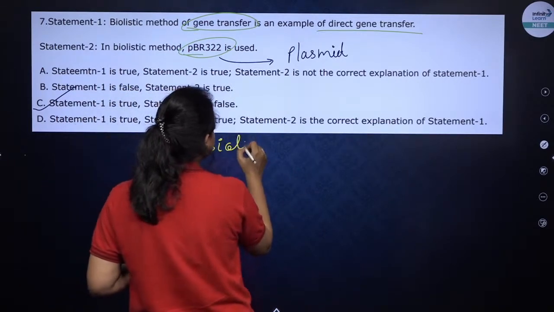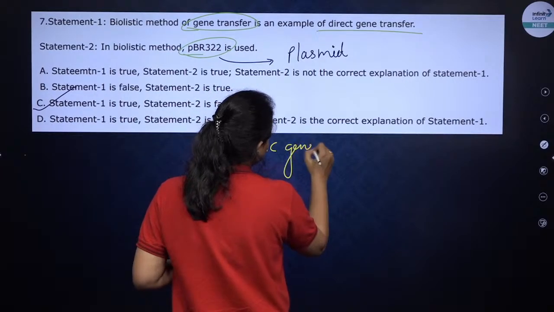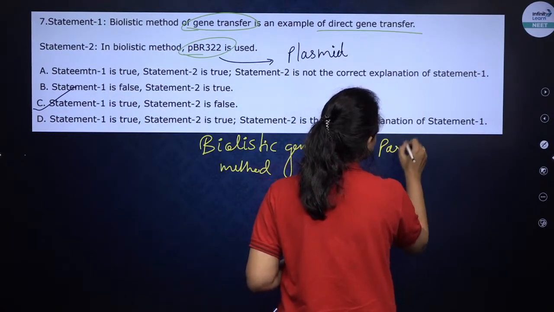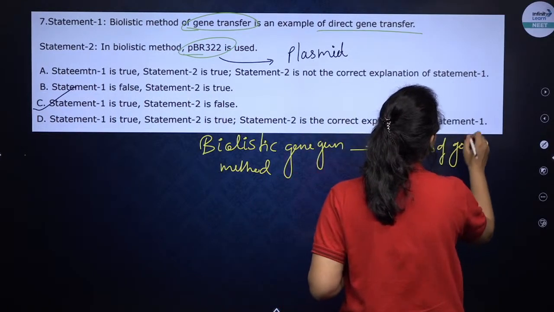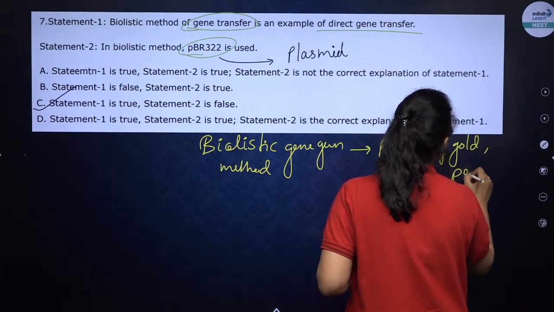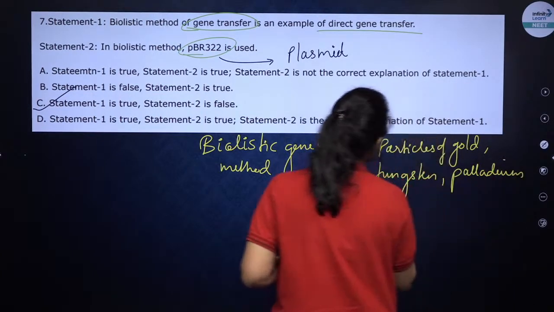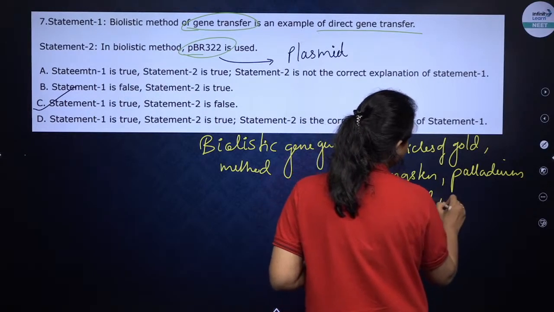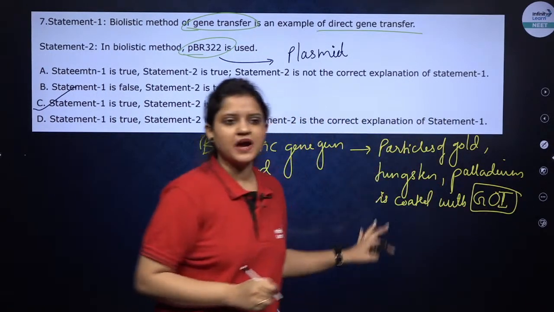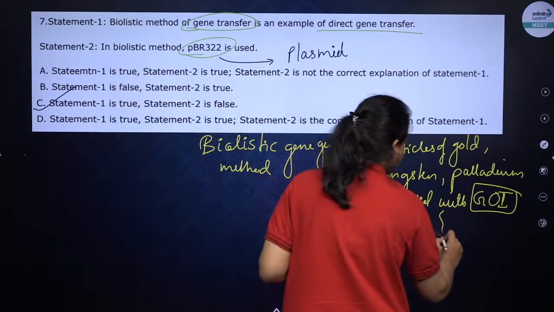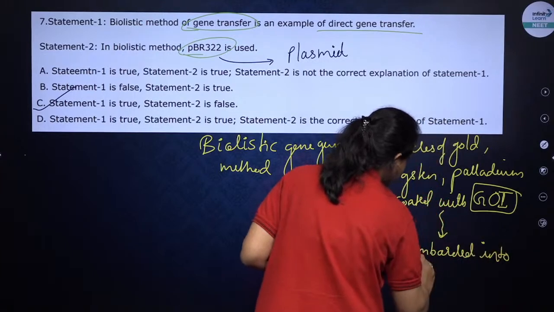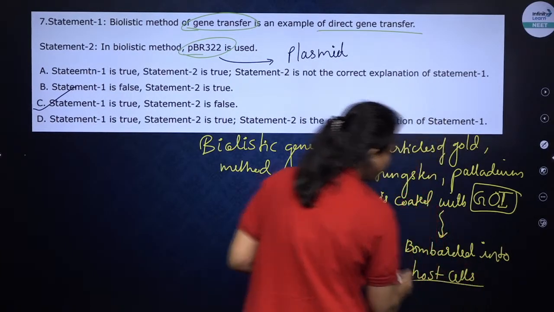So in the biolistic gene gun method, the particles of gold, tungsten, basically any inert particle, or platinum or palladium are coated with our gene of interest, and these particles are bombarded directly into the host cells.